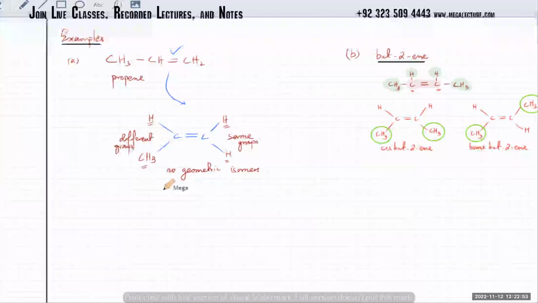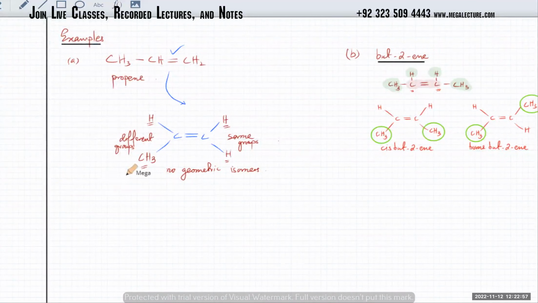Okay, now let's come to that. First one is unsymmetric molecules with multiple cis-trans.